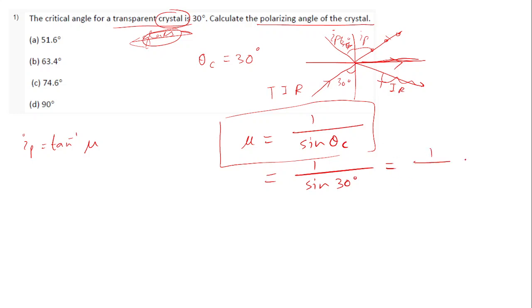Sine 30 degrees is half. So this will be 2. Now the polarizing angle or Brewster's angle will be tan inverse of the refractive index, which is 2. Tan inverse 2. Now what is tan inverse 2? If we use our scientific calculator, let me see. I need tan inverse 2, which is 63.4 degrees.